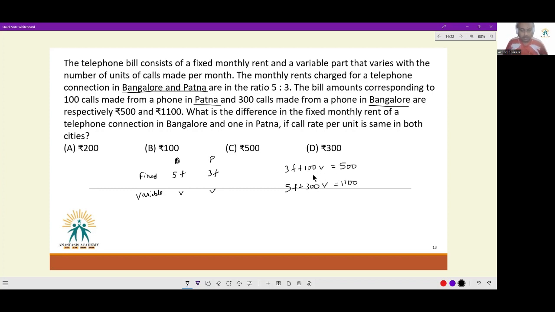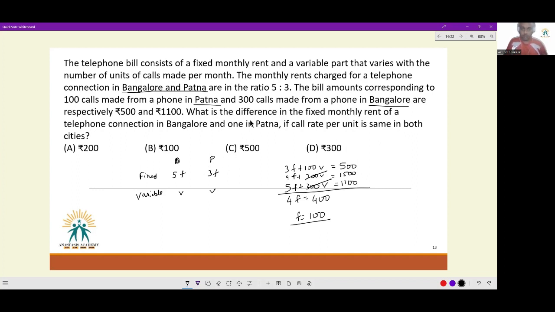We can get rid of the V's entirely by multiplying the first equation by 3. We get 9F plus 300V is equal to 1500. So V and V will get cancelled. I'm left with 4F is equal to 400, or F is equal to 100.